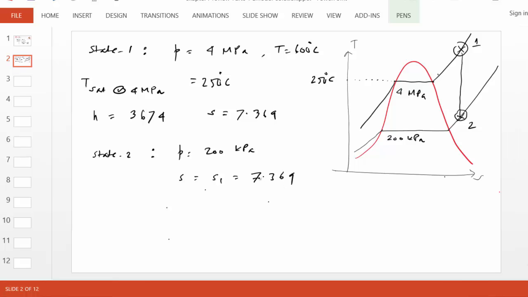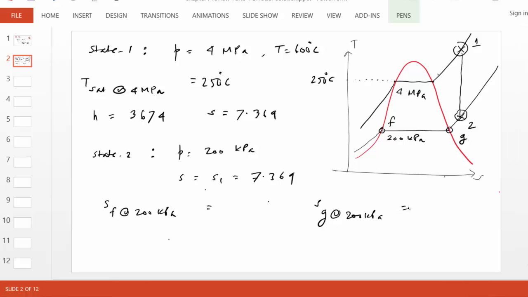So now that we know entropy at state 2, we'll compare entropy there with the F and G point entropies. So let's find out what is SF at 200 kPa and SG at 200 kPa.